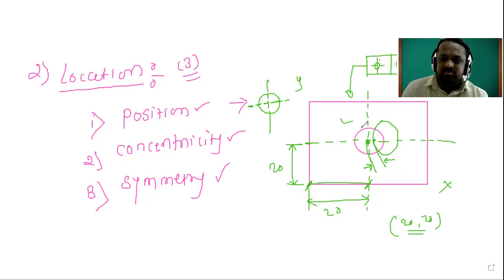This is the hole, and we want this hole at exactly 20-20, but unfortunately it is manufactured at like this, 20 and 20.51, and if this variation is within tolerance, again it is acceptable. It is called the position.